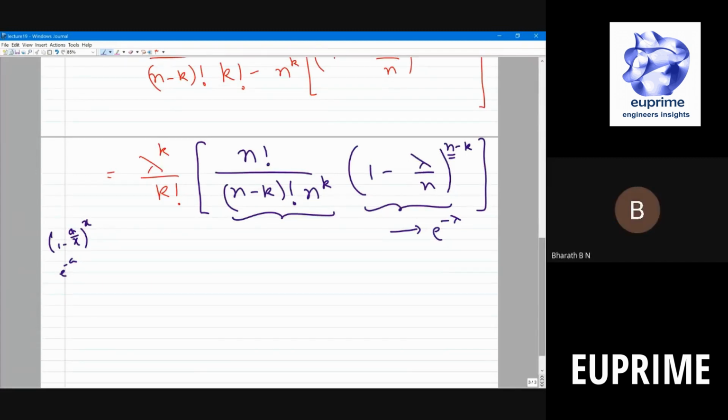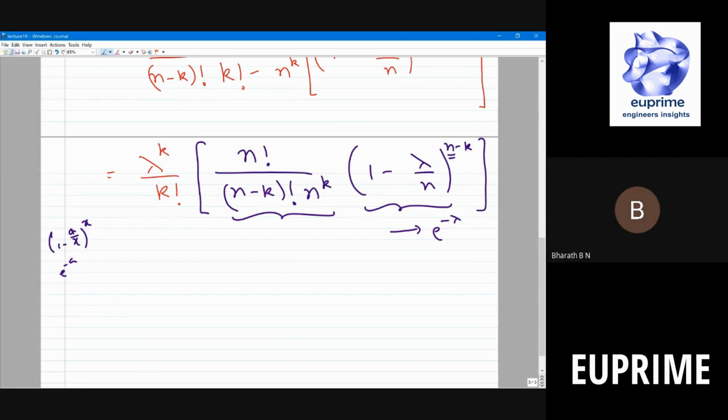You can write (1 minus lambda by n) to the power n into (1 minus lambda by n) to the power minus k, so it's like (1 minus lambda by n) power n divided by (1 minus lambda by n) whole power k. As n goes to infinity, lambda by n goes to 0, so 1 minus lambda by n goes to 1, and 1 power k is 1. So the denominator will be 1, and the numerator will be e power minus lambda.